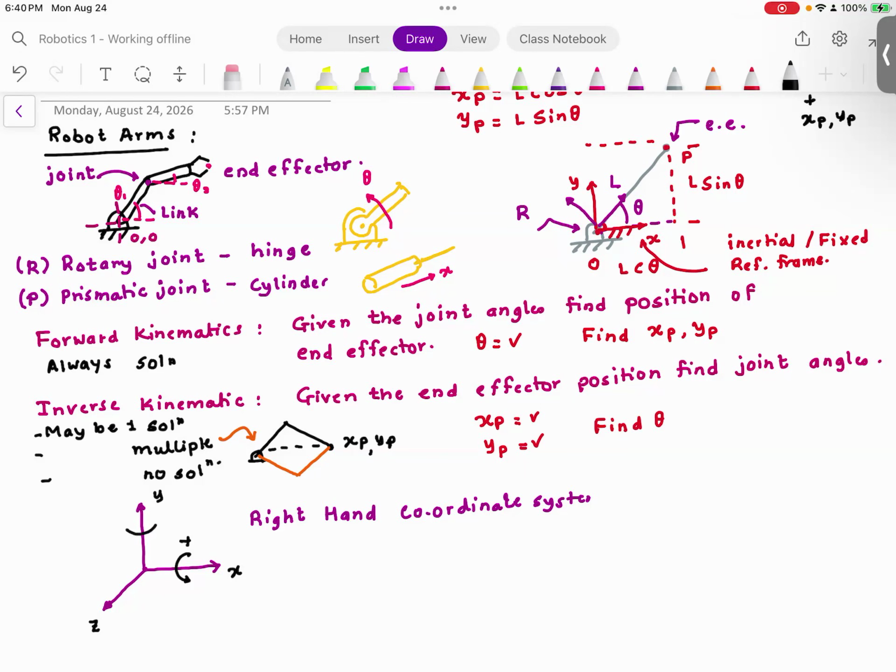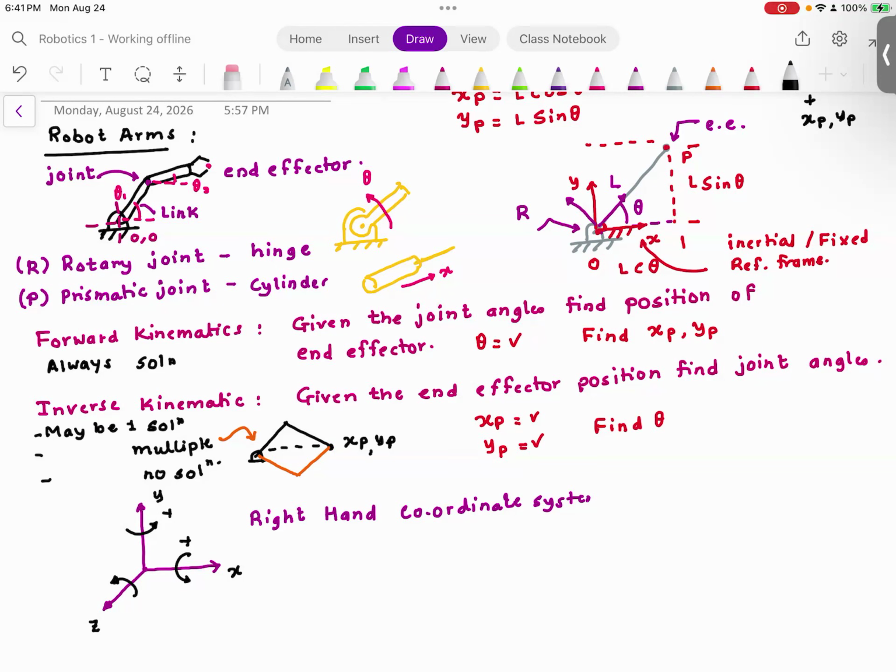If I give you a rotation like this, and why is this important? Because all the robots are three-dimensional structures. We are not going to do any two-dimensional stuff here. Everything will be 3D. Curl your fingers in the direction of rotation, and can you see your thumb is pointing in the positive Y direction? So this rotation is positive. Same thing with Z. Curl your fingers in the direction of rotation, and your thumb is pointing in the positive Z direction.